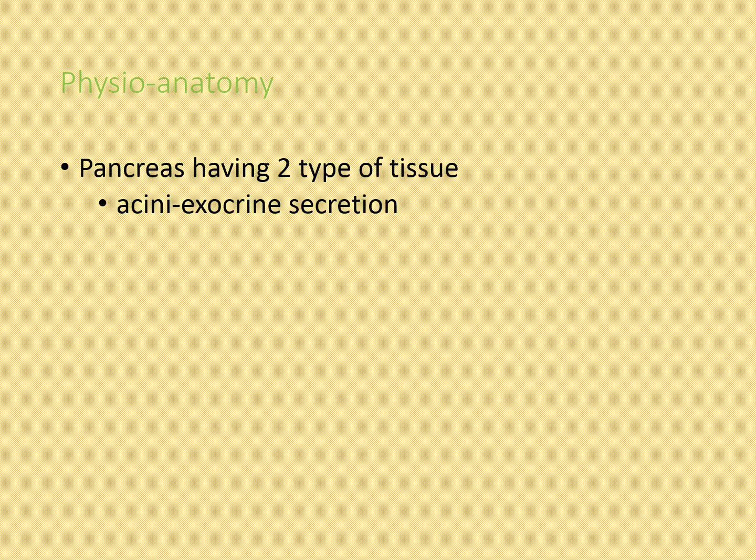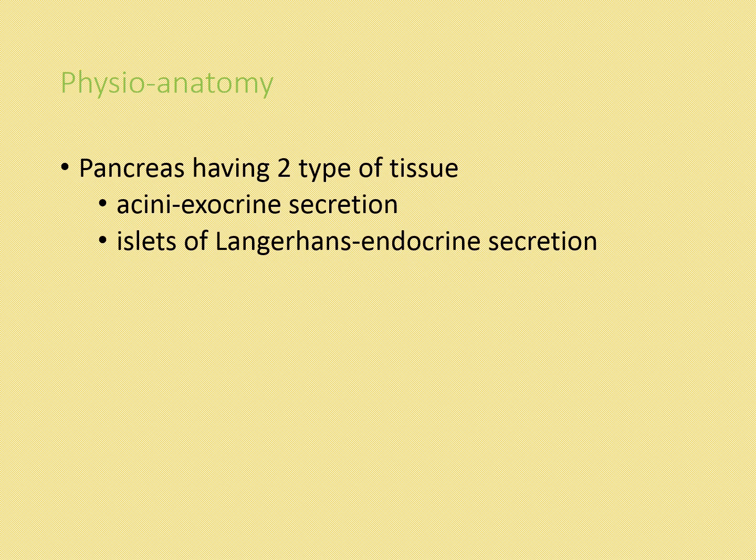So it secretes digestive juices into the second part of the duodenum via the pancreatic duct. Islet cells are the endocrinal part of the pancreas, which release many hormones in the blood.